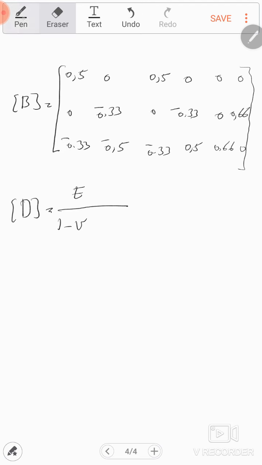No problem. We have a different form for the D matrix here, with 1 minus Poisson ratio over 2, and 0.